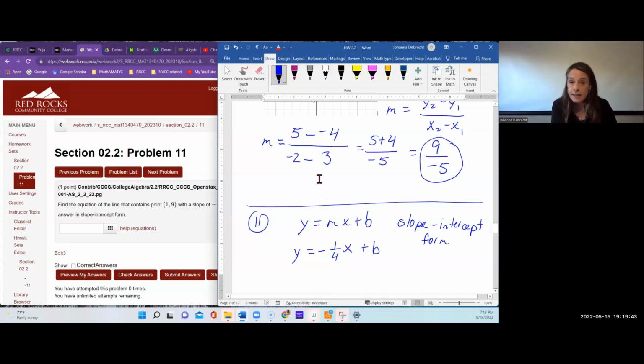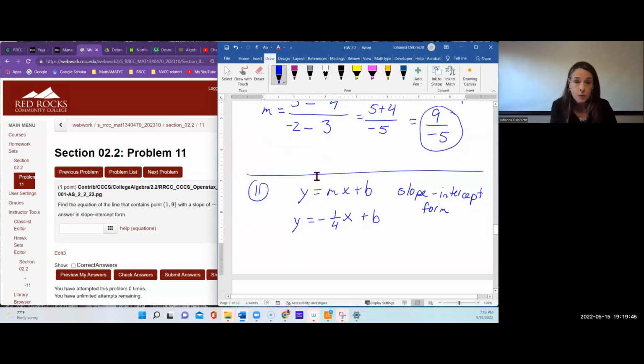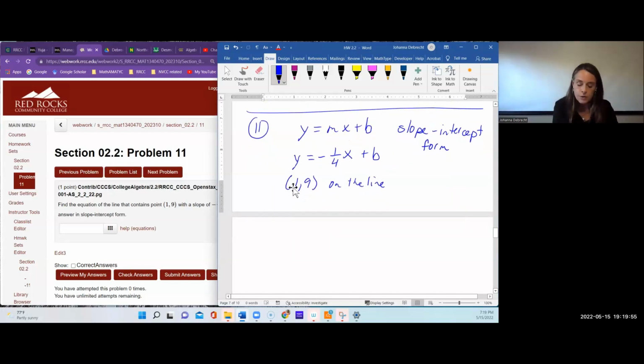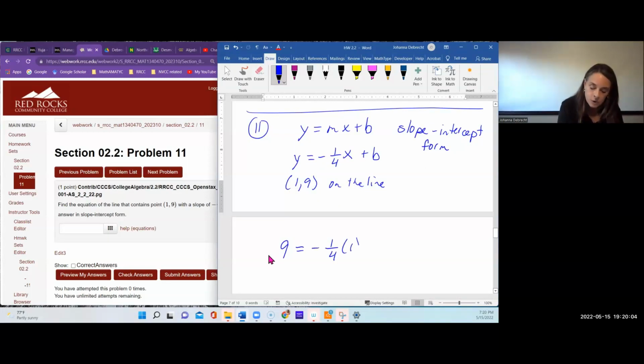That means it must satisfy the line and make a true statement when plugged in. So I'm going to take the point 1, 9 on the line, and replace the x coordinate with 1 and the y variable with 9. That gives me 9 equals -1/4 times 1 plus b.